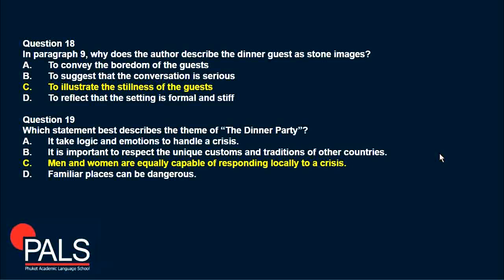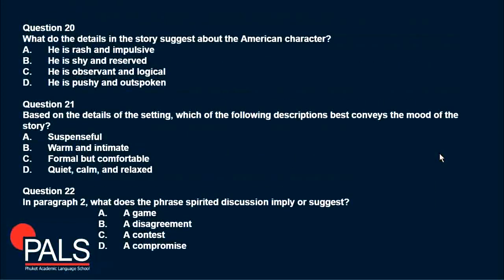All right, but this story teaches us that Mrs. Wynes proves otherwise, that she was able to control her emotions. She was able to think under pressure. All right. So let's proceed with questions 20, 21, and 22.